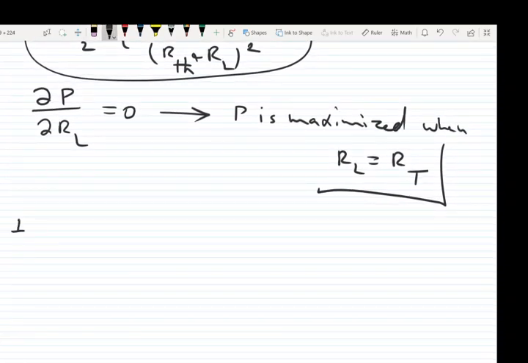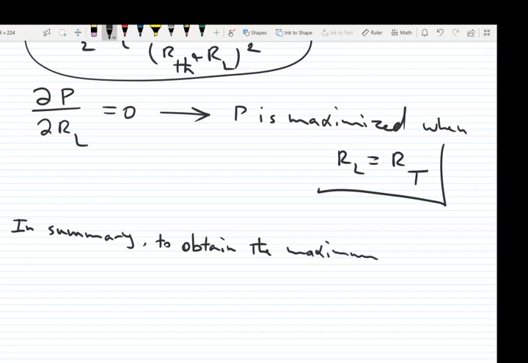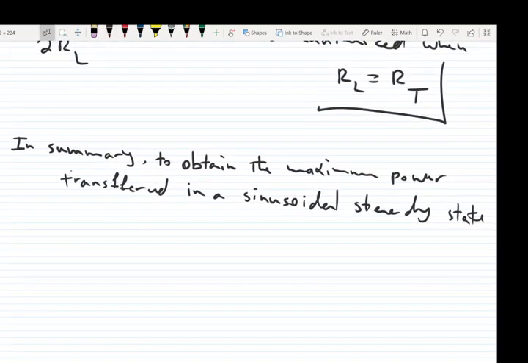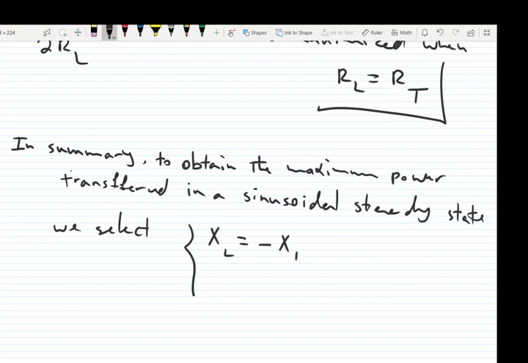So in summary, to obtain the maximum power transferred in a sinusoidal steady state, we select XL equal to negative X Thevenin and RL equal to R Thevenin.